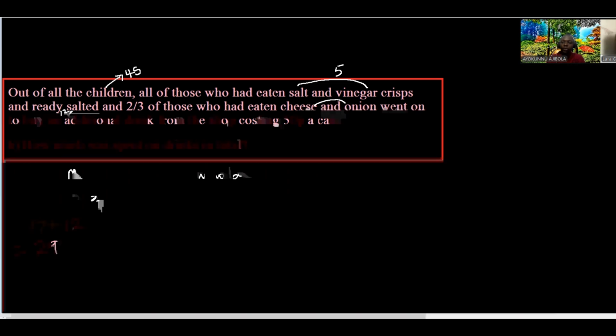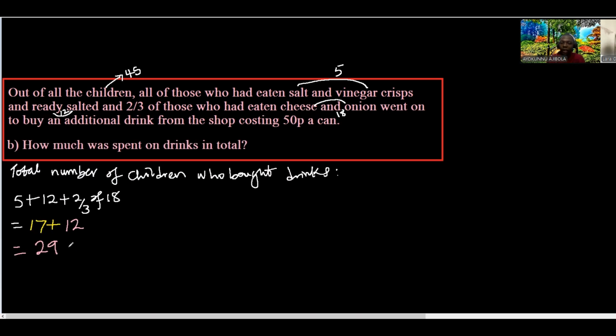So that means 29 children got 29 drinks. That's good. Got 29 what? Drinks. And what is the cost of one drink? £1. No, look at it.